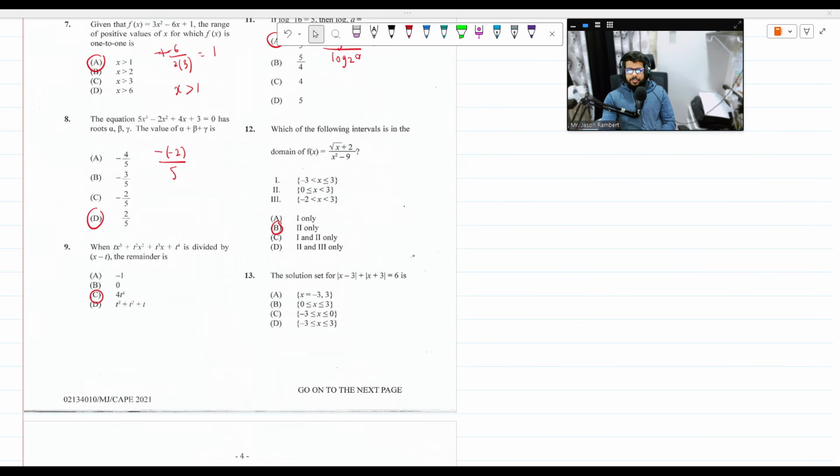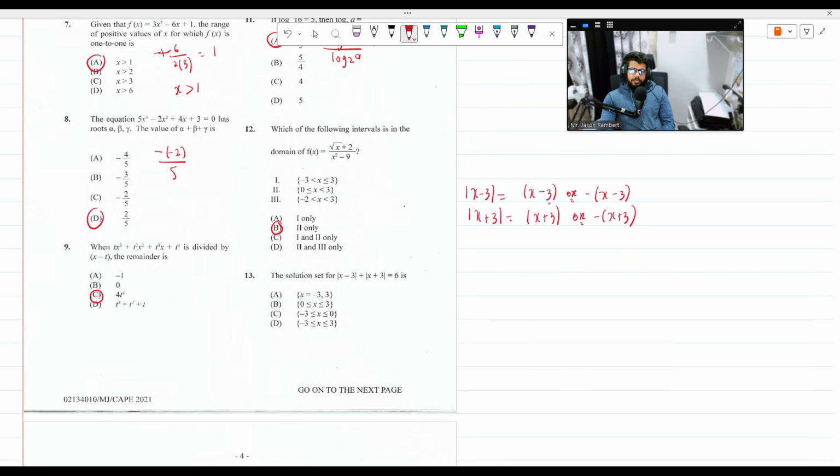Let me go through using the definition of the modulus function and separating this into cases. So we know that the modulus of x minus 3 is either x minus 3 or minus x minus 3. And we know the modulus of x plus 3 is either x plus 3 or minus x plus 3.